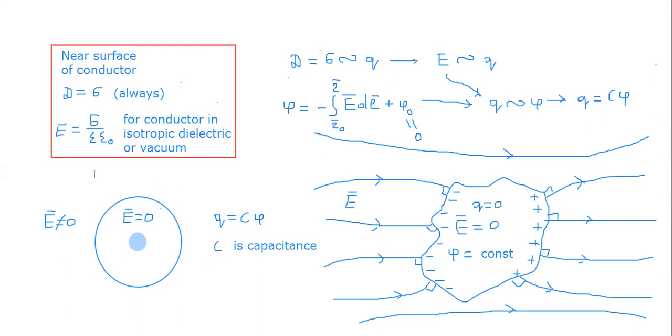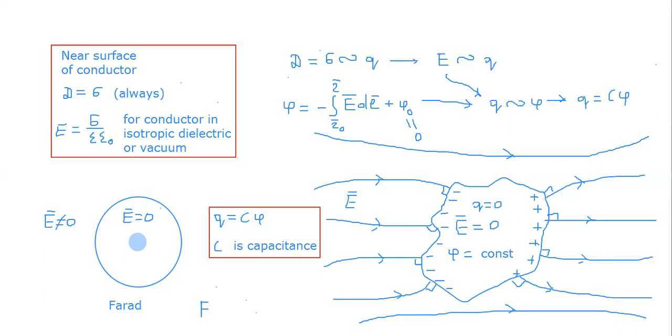The unit of capacitance is the farad. Farad is a unit for capacitance, and in short form, it can be written as F.